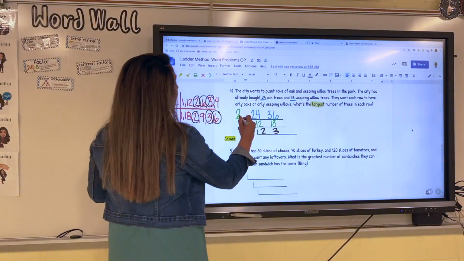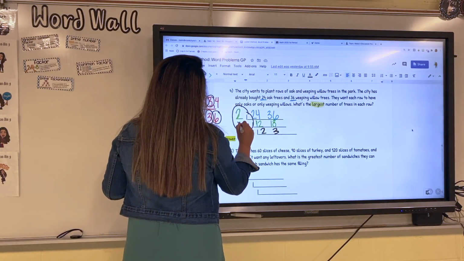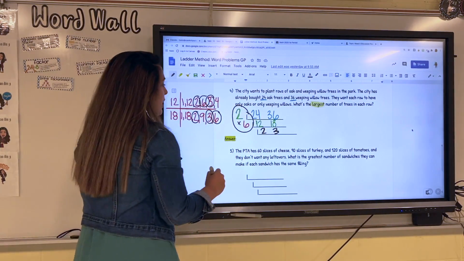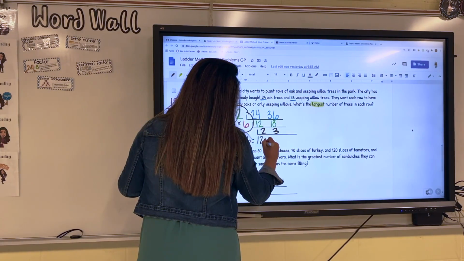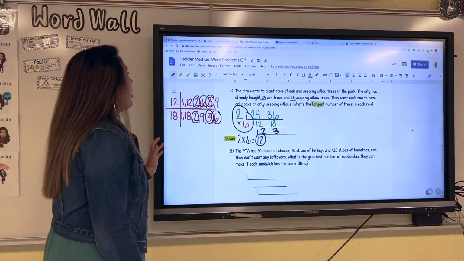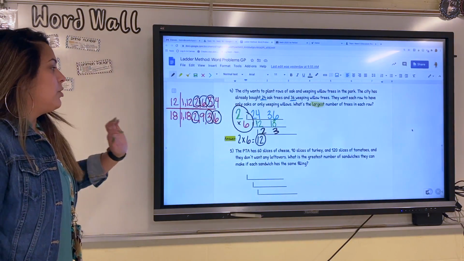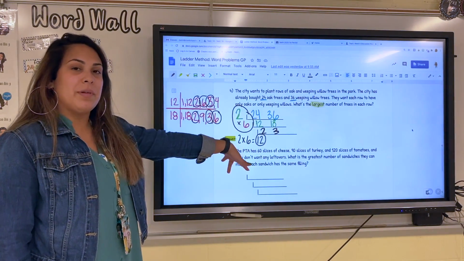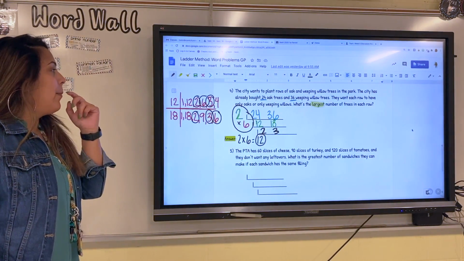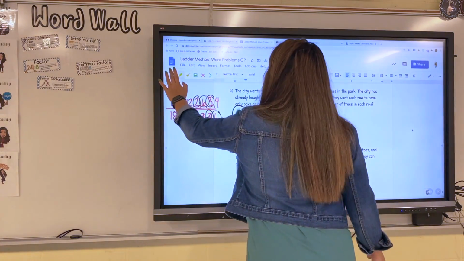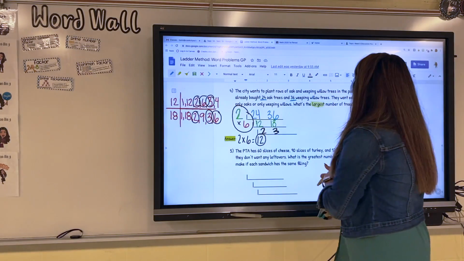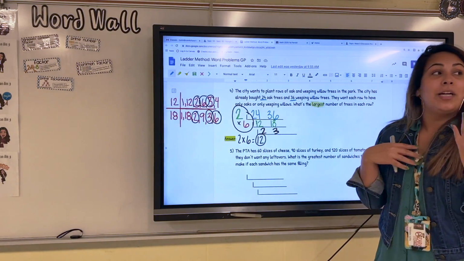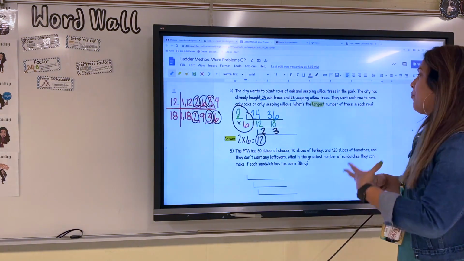So I'm going to multiply 2 and 6 together to get our greatest common factor. So, 2 times 6 equals 12. Now, remember, I want you to write your answer in a statement. So where it says answer, that's technically where your statement is supposed to go. So on the side, I'm going to write it in blue. The question is going to help me figure out what my statement's going to say.